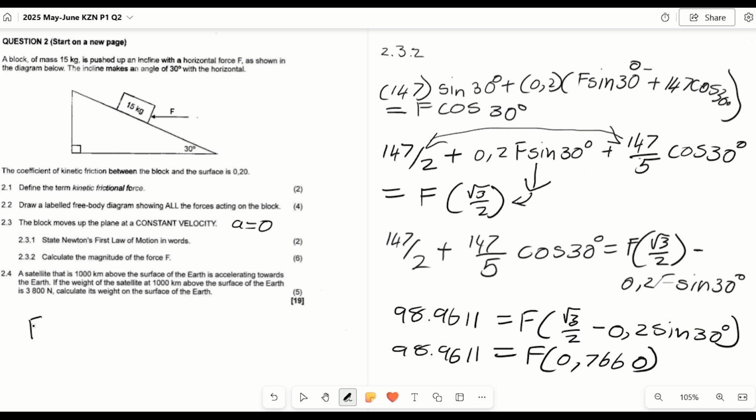That means that F will then equal 98.9611 divided by 0.7660, which in turn should give us, and calculate it, 0.766, 129.19 newtons.